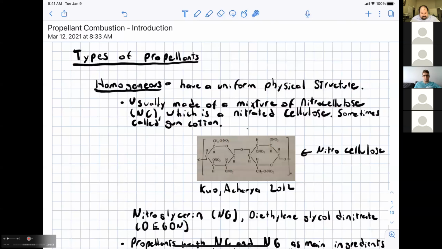Okay, and so homogeneous propellants are made of a mixture of this nitrocellulose. But again, that's gun cotton, or that's the sort of cottony type structure. It's not very dense. It's kind of fluffy, and it can't really maintain its shape well. And the energy per unit volume is also pretty poor because it's a nice sort of fluffy cotton.